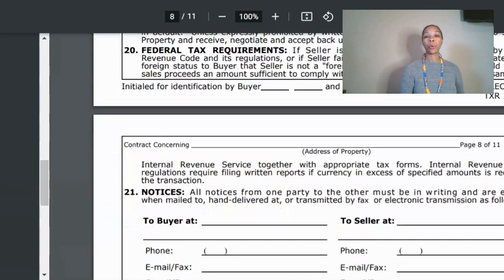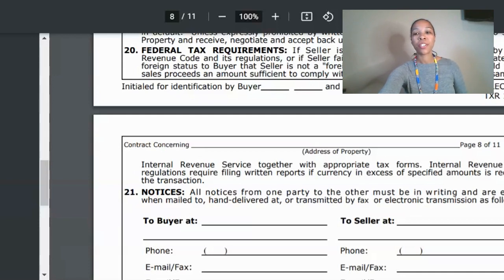If a seller is a foreign person, as defined by the Internal Revenue Code and its regulations, or if a seller fails to deliver an affidavit or certificate of non-foreign status to buyer, that seller is not a foreign person, then buyer shall withhold from sales proceeds an amount sufficient to comply with applicable tax law and deliver the same to the IRS, Internal Revenue Service, together with appropriate tax form.